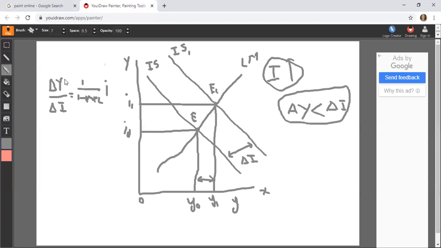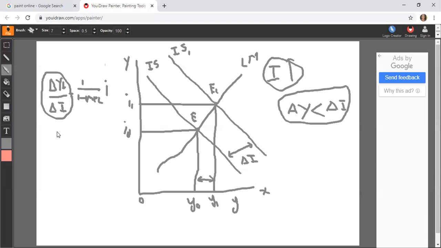This multiplier is much less. If delta Y is less compared to delta I, then the multiplier is less. Why is the multiplier less? Or why is the change in income much less compared to the change in investment? That we are going to explain here.